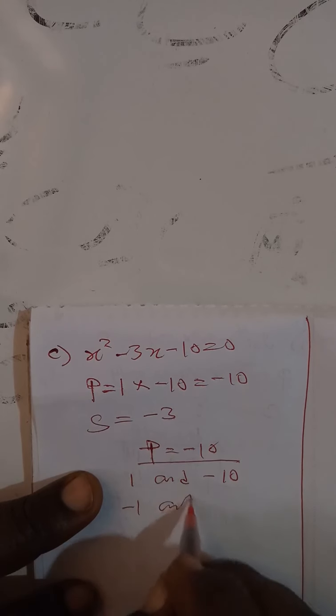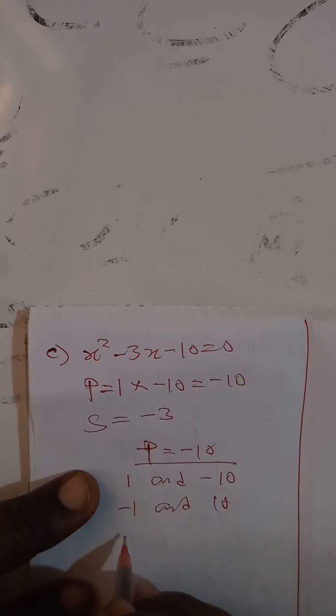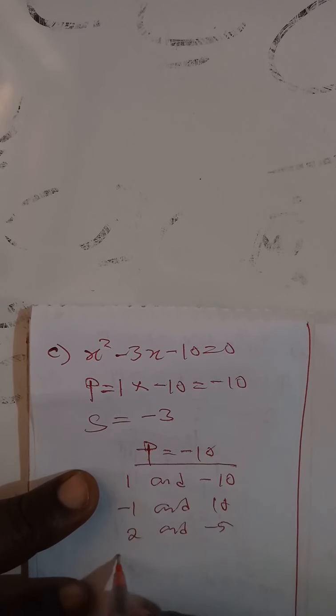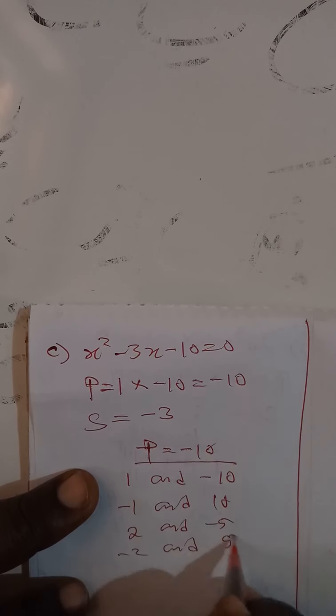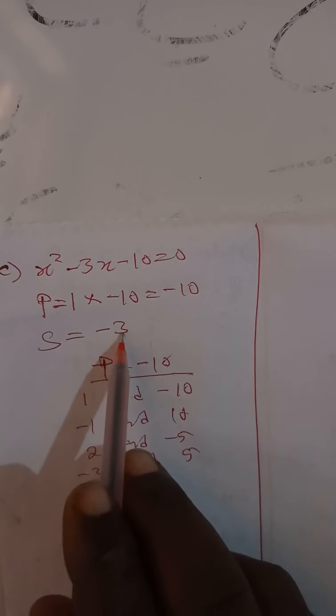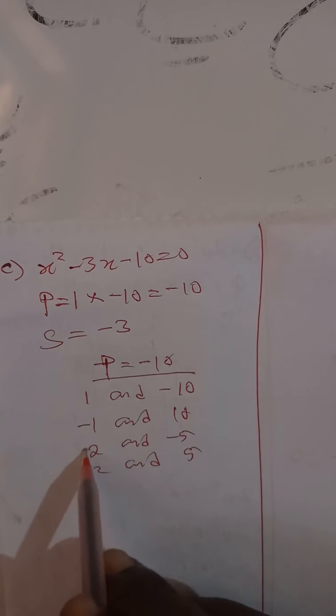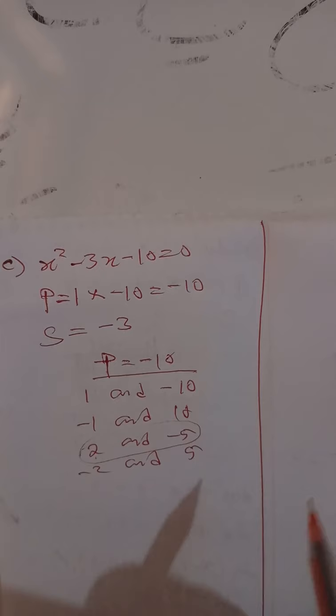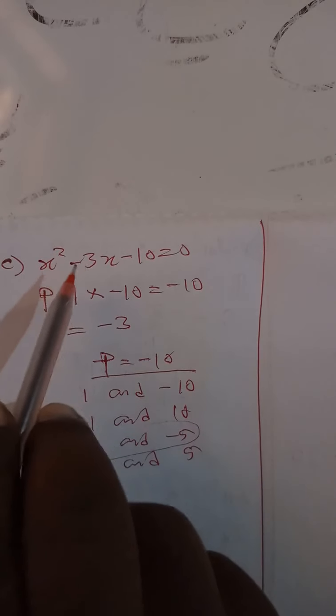Minus 1 and 10. Again, 2 and minus 5, or minus 2 and 5. So clearly here our sum is minus 3. Which one gives us minus 3? Obviously it is this one. 2 minus 5 is minus 3. So I will use this to replace this.